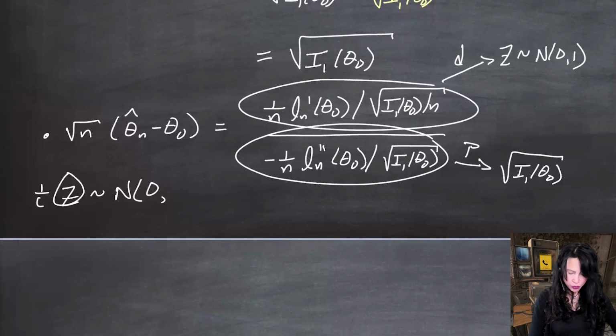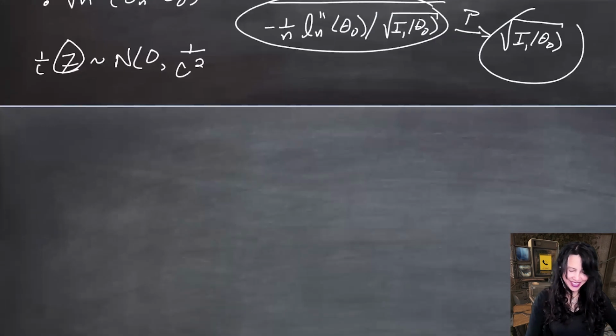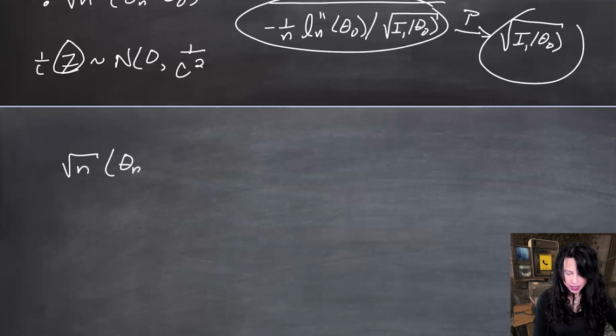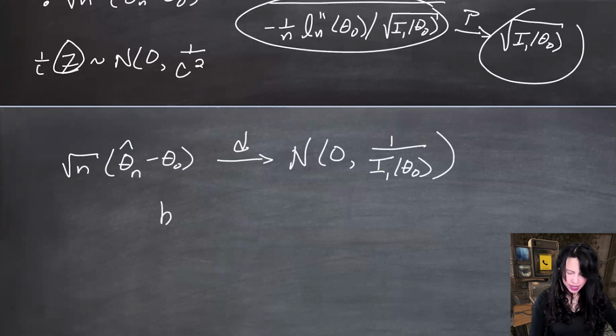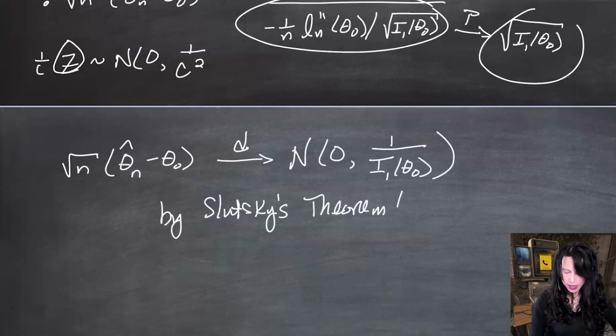But if this is a normal 0, 1, then we're going to get 1 over c squared in here. And this is the c. So we've got the square root of n, the MLE, minus the thing we're trying to estimate, converging in distribution to a normal 0, 1 over the one-dimensional Fisher information by Slutsky's theorem. And we're done. That's what we wanted to show.